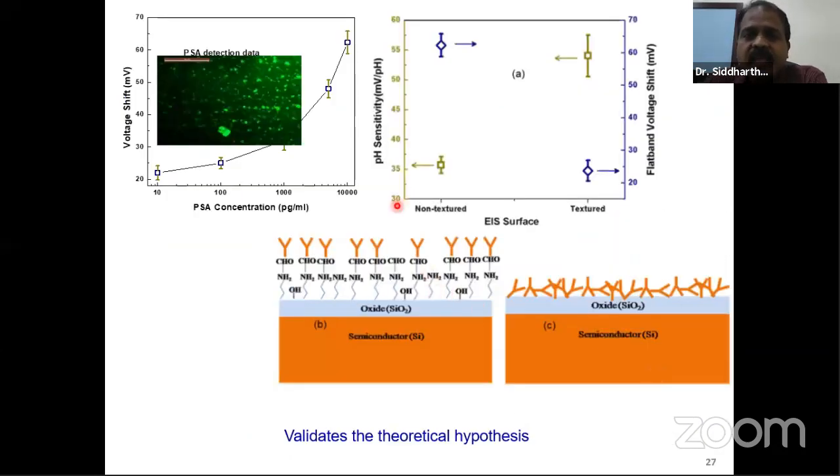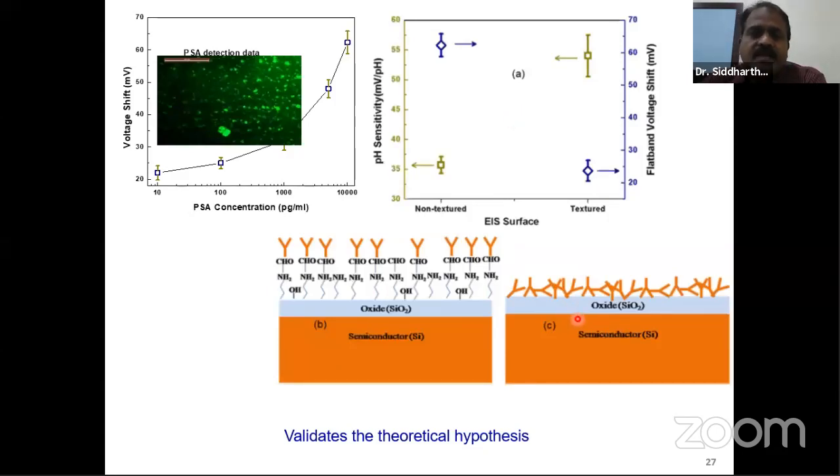When we plotted the pH sensitivity, which is measured by the flat band voltage shift, against the biomolecule sensitivity, indeed what we saw is that the non-textured device, which had a low pH sensitivity, gave a high biomolecule sensitivity, and vice versa.